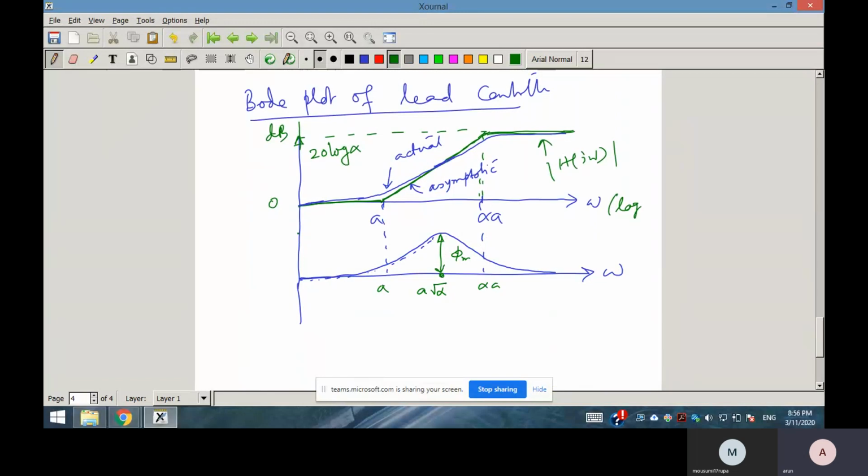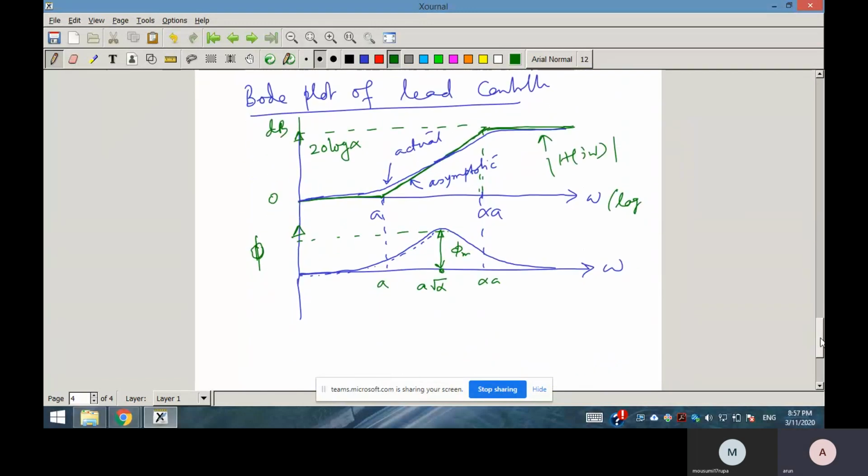So this is your phase phi. This is your phi m that I have already mentioned here. Now here you can easily see what the magnitude is.